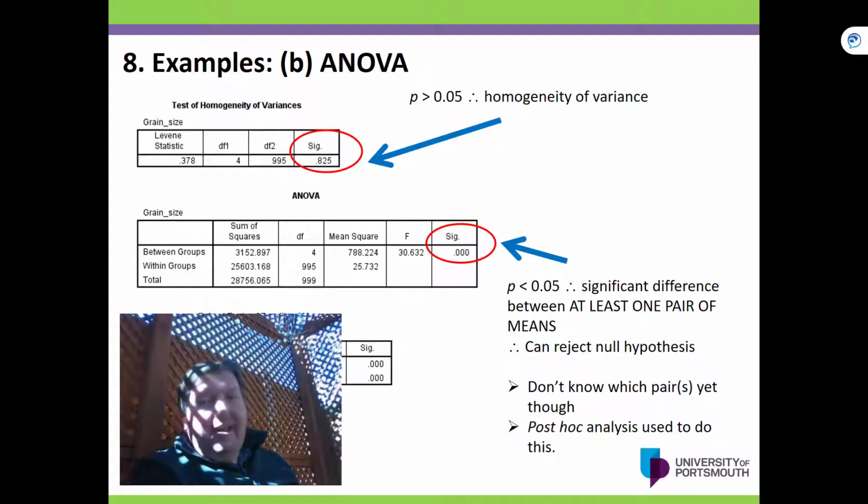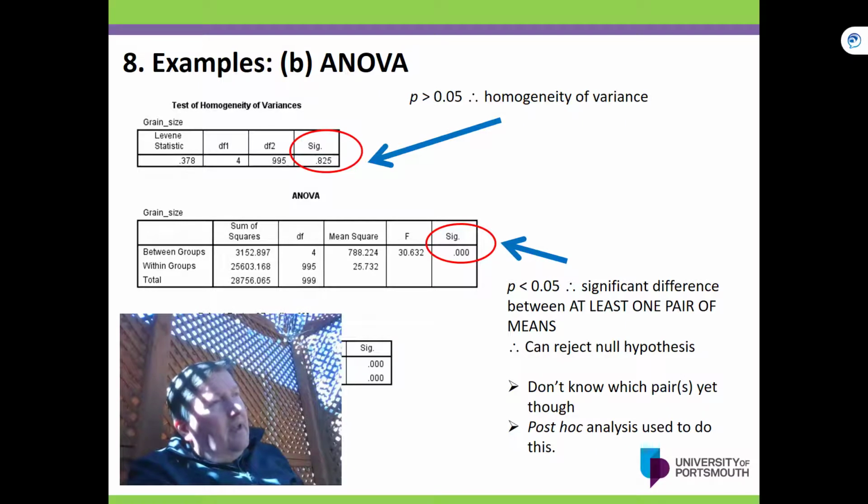That means you can proceed with the ANOVA, because remember, if p is greater than 0.05 in the Levene's test, you've got homogeneity of variance, therefore you can proceed with the parametric statistics. So then you do the ANOVA itself, and you get a value of 0.000.